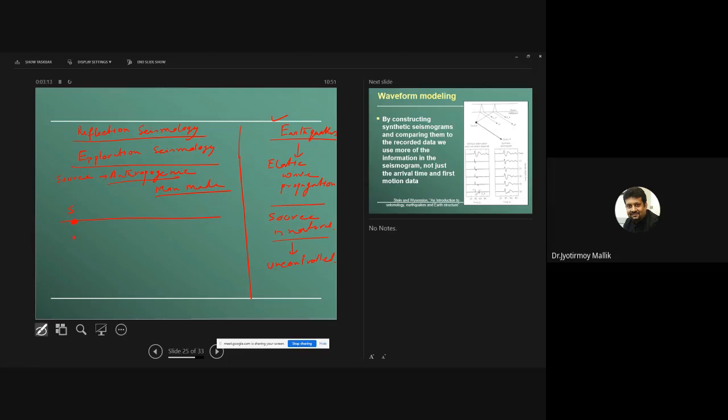It can be at any depth, and then you know exactly what energy you release and at what depth you are creating that blast. As you have created the blast, there will be propagation of elastic waves. So these are the wave fronts that I am drawing, right?